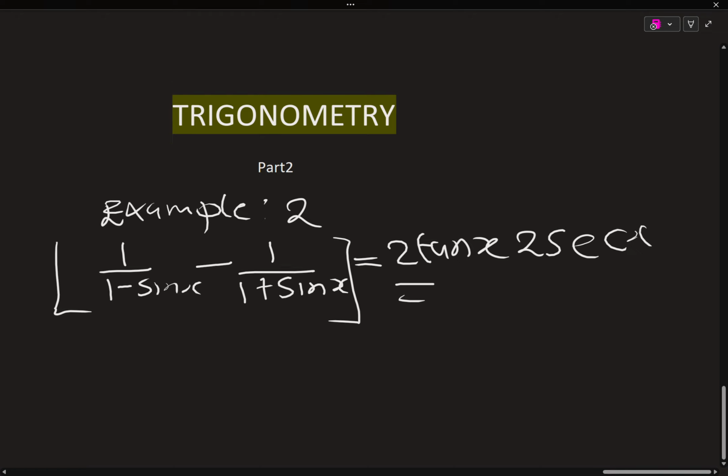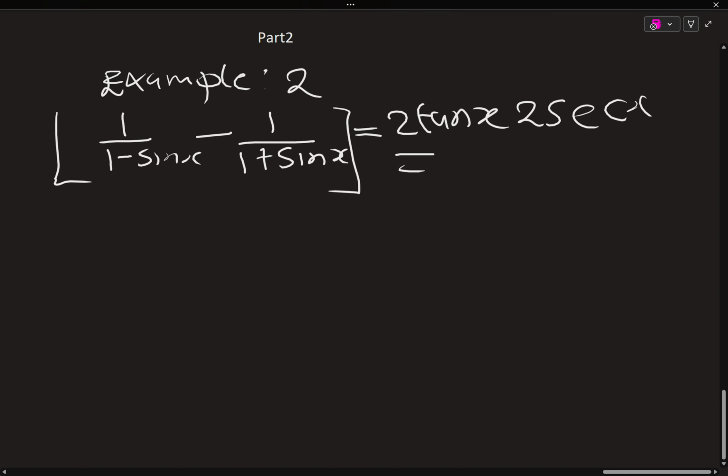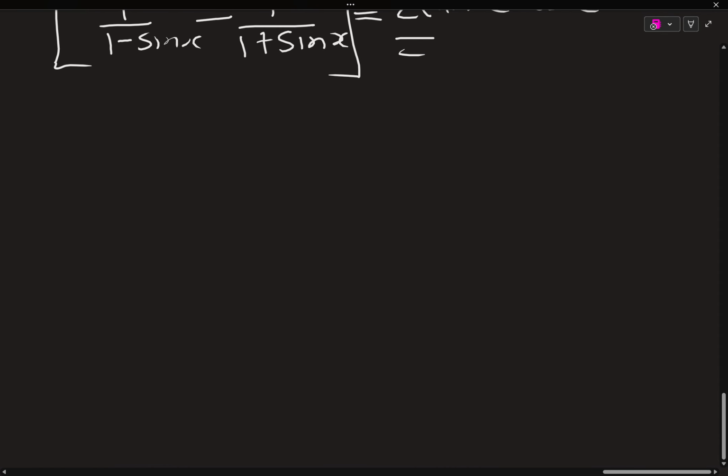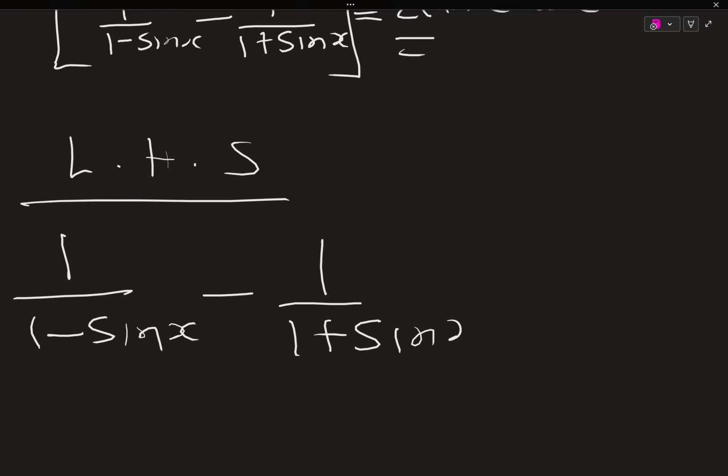The most complicated one is 1 over 1 minus sine x minus 1 over 1 plus sine x. So let me get my left hand side. What is on my left hand side? It's 1 over 1 minus sine x minus 1 over 1 plus sine x.